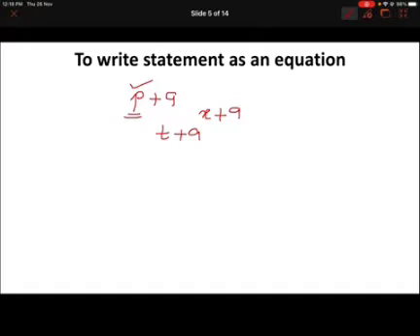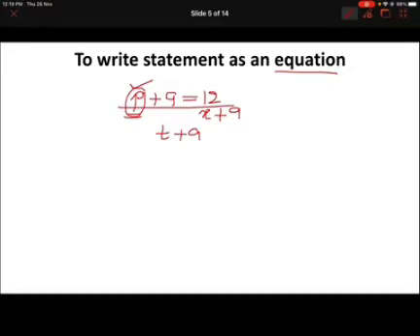Okay, so the statement is 9 added to a number. So I've used the variable as p, gives you 12. Gives 12 means is equal to 12. Is it clear? So what did I do here? A statement is now converted to an equation.